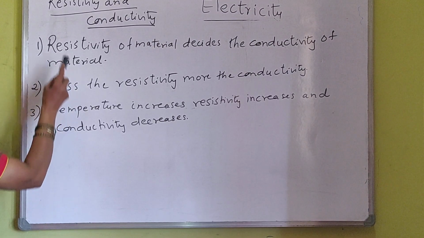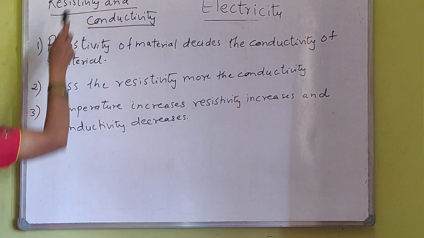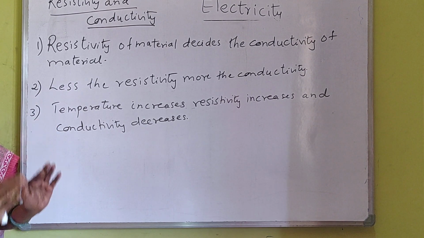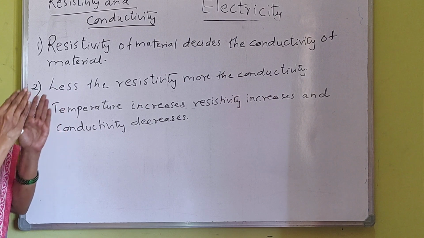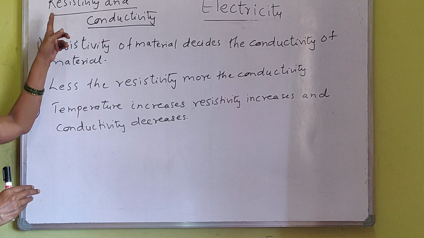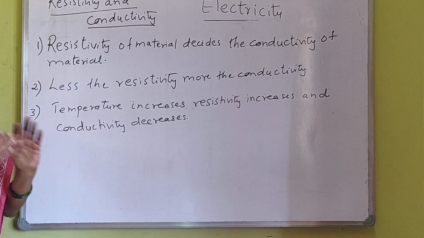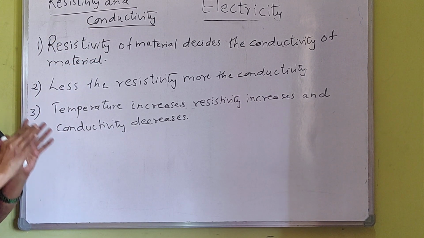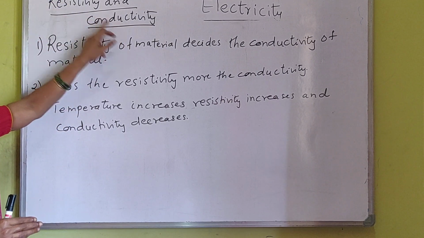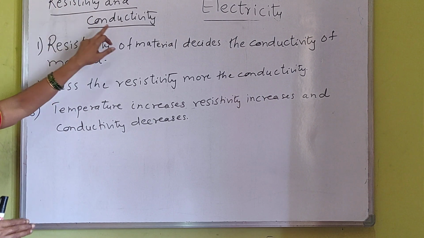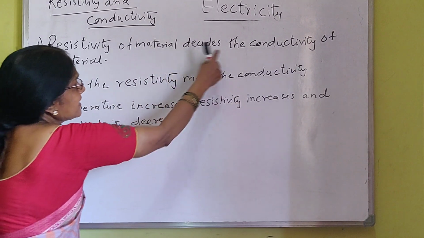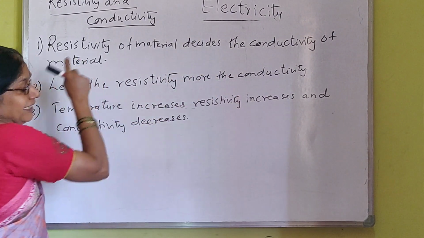Let us see the relationship between resistivity and conductivity. Resistivity, I already told you, is the obstruction offered to the flow of electric current. Conductivity means where the charges can flow freely. What is the relationship between these two? How are they related together? We say that the resistivity of a material decides the conductivity of the material.